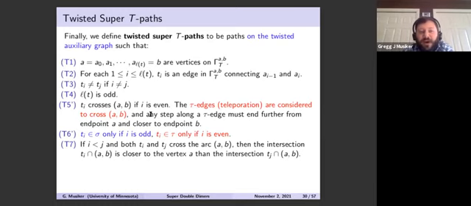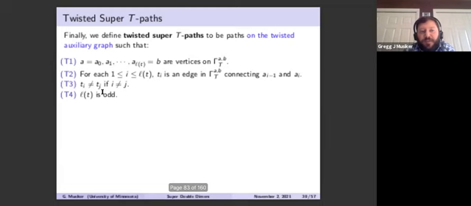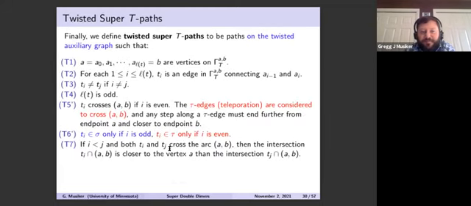And then the other edges, these blue and cyan edges, are going to be sigma edges, and those must be odd indexed. And we also want, just like before, that as you do these moves, you get closer and closer to the end of the arc A to B.